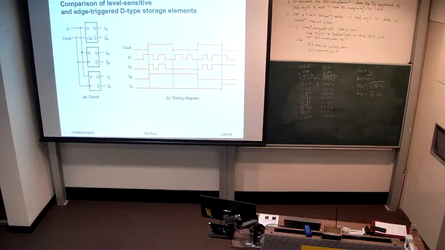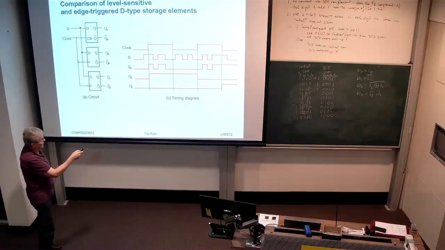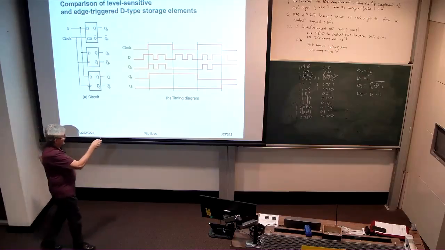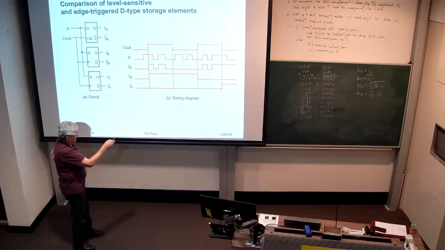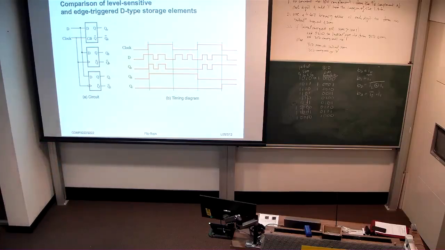So we see the changes in D while the clock is high. And it freezes for the period the clock is low. Since D was low at that point in time, it stays low. Since D is high at this point in time, it stays high. Okay? No further changes possible.